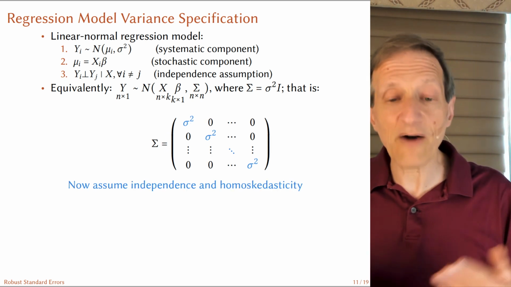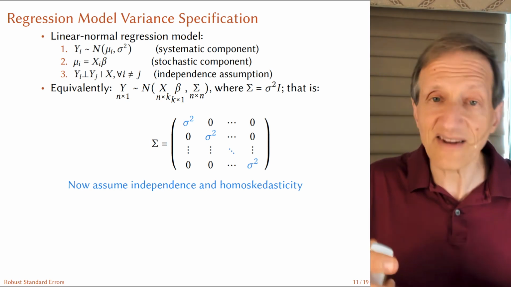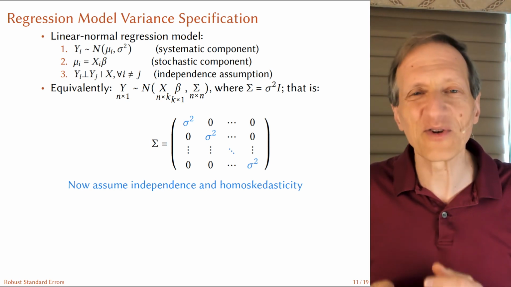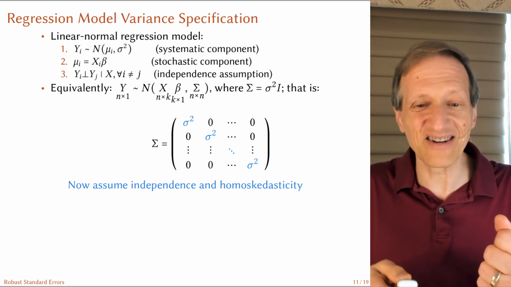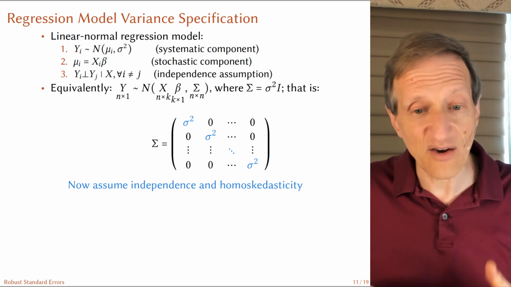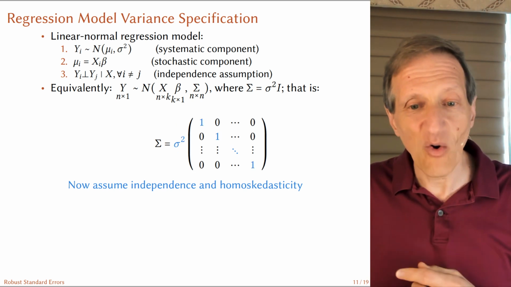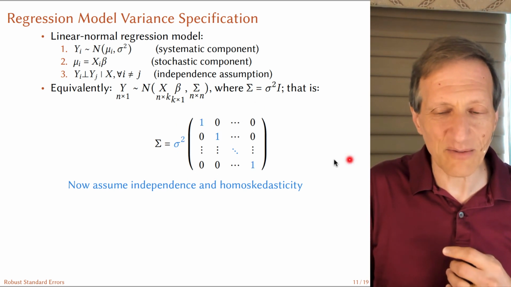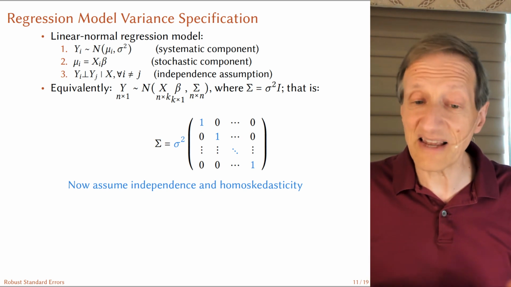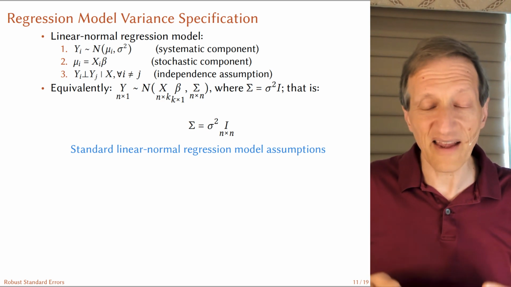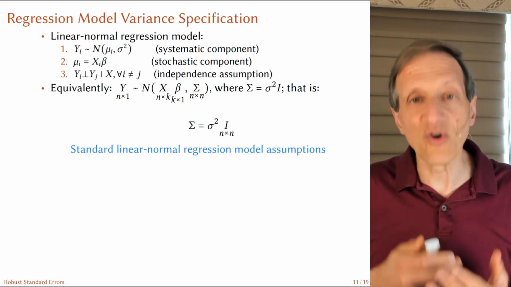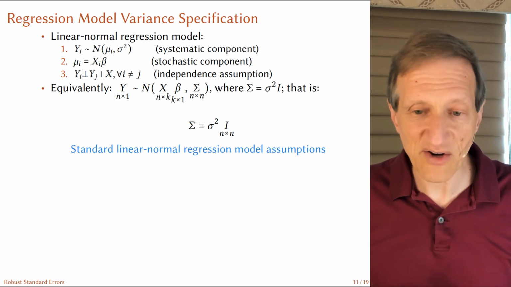Well, we now assume, in addition to independence, which are the off-diagonal 0 elements, homoscedasticity, which are the on-diagonal elements, which we're now assuming are the same. We can rephrase this by having 1s on the diagonal, and we can bring sigma squared out front. And now we recognize that that big matrix is just an identity matrix, and we can write the whole thing as sigma squared I. So this is the standard linear normal model regression assumptions.